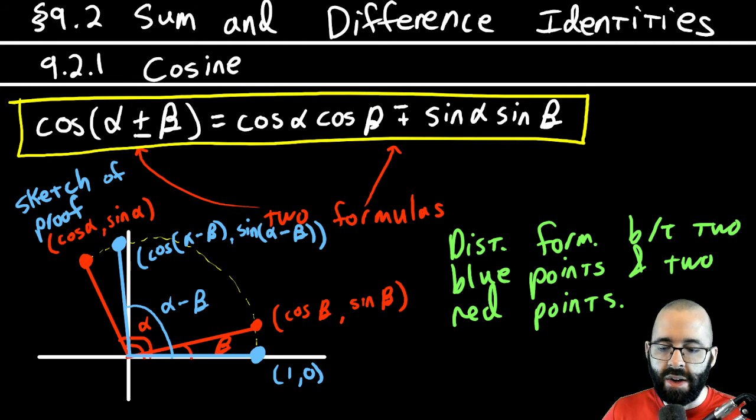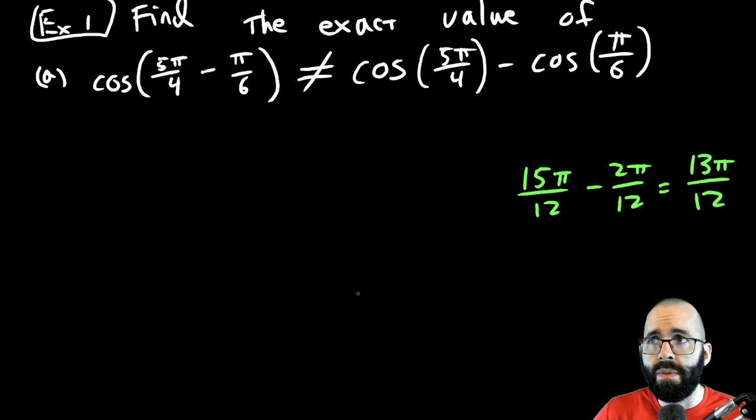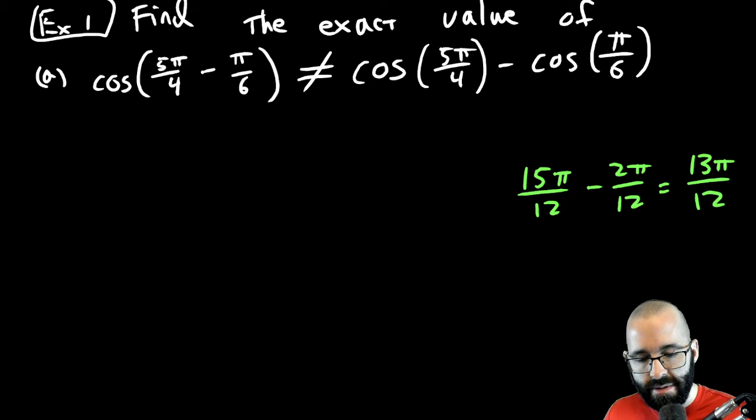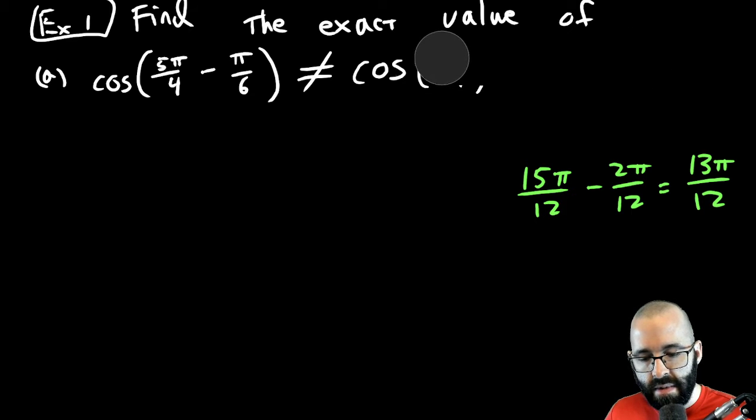It's more complicated. You can't just subtract the two cosines. The word we use to describe that is cosine is not linear. Things that are linear work in this fashion. This is not linear, so we can't do this. We have to actually use the formula.